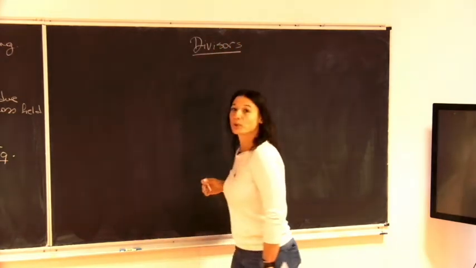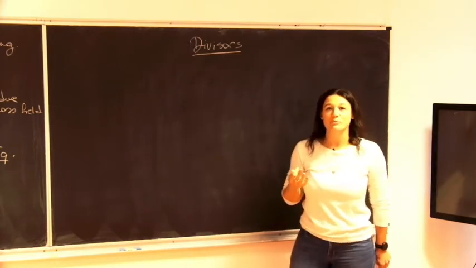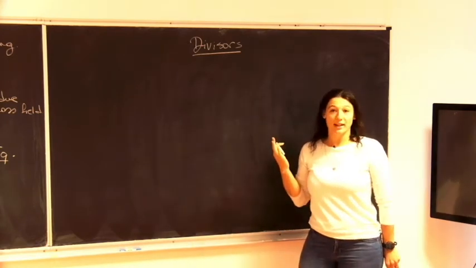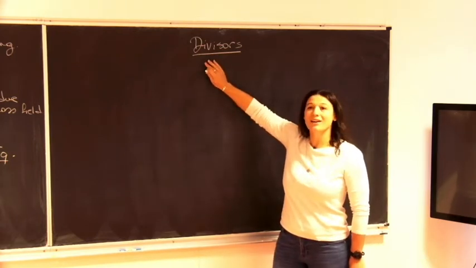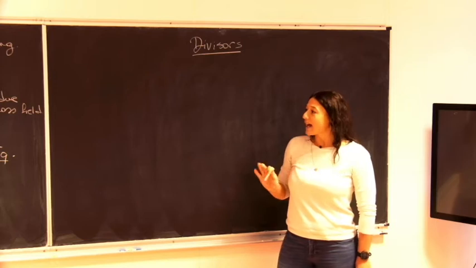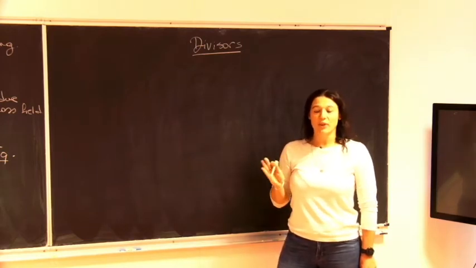First, we are going to define divisors, and then we are going to define the Riemann-Roch space associated to any divisor. And from now on, I'm going to assume that the full field of constants is exactly FQ.